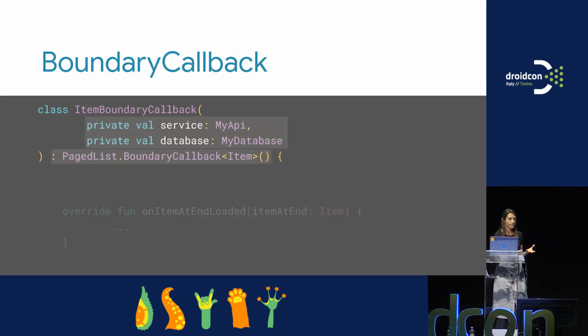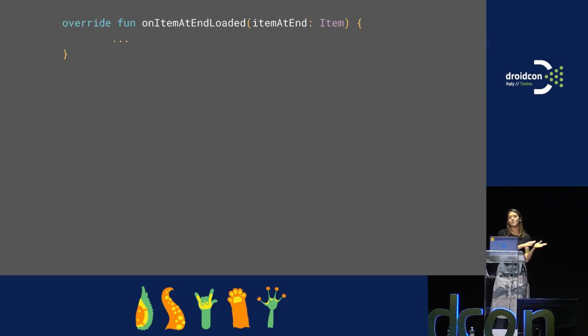In this class, you would work with the service, so with your backend, and with the database. And you would implement the PagedList boundary callback. There are two methods that you need to implement. One is onItemAtEndLoaded.